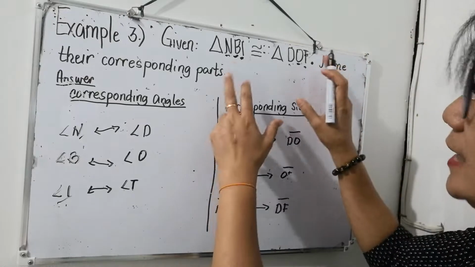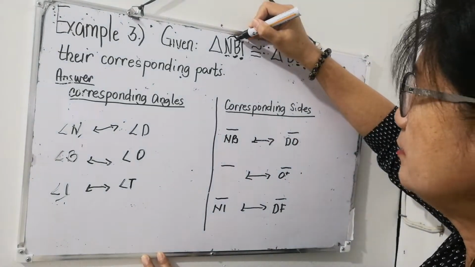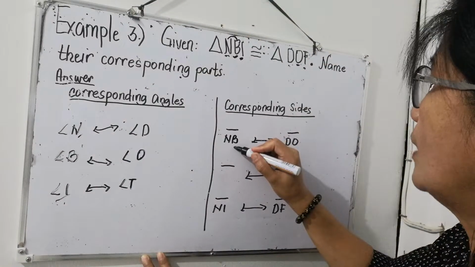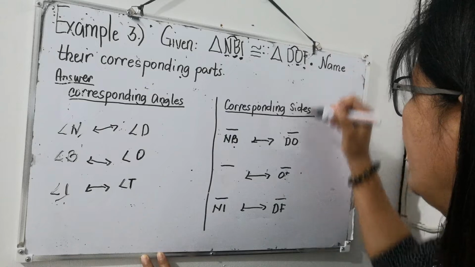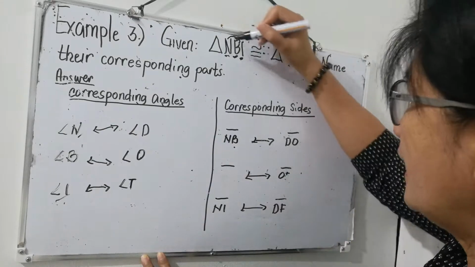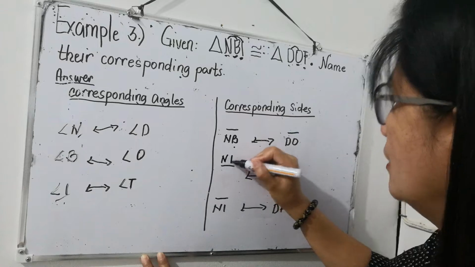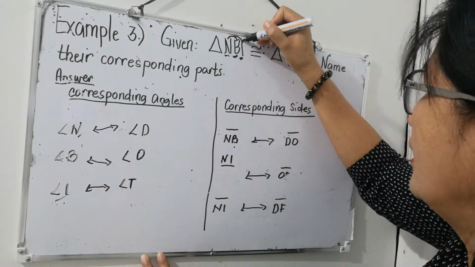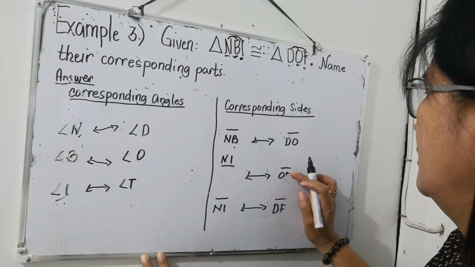So, dito pwede kahit na hindi natin nakikita yung drawing. So, line segment NB corresponds to line segment DO. And then, line segment NI corresponds to DT. Okay?